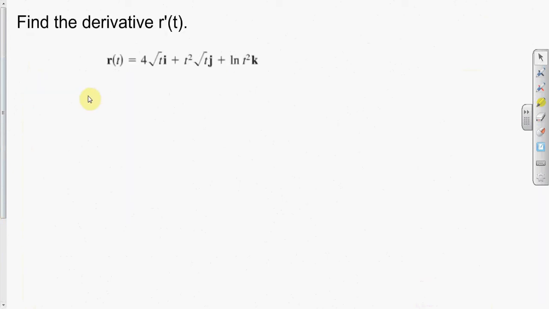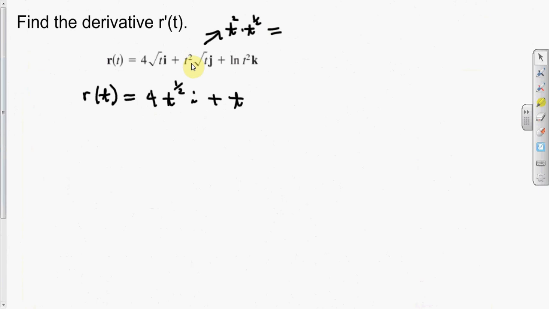Okay, for this one, let's see. I'm going to rewrite this r of t as 4 t to the 1/2 i plus, this is t squared times t to the 1/2. So you can write that as one term and just take that derivative one time.